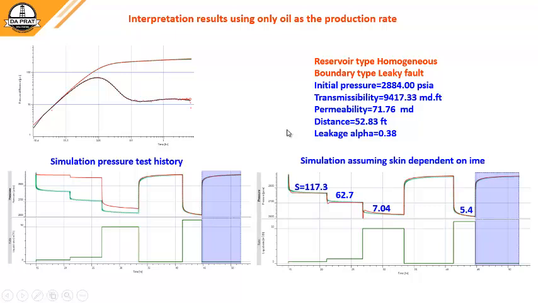But in any case, if you do the analysis considering just one phase, you can see here that even though permeability is in the order of 70 millidarcy, the distance to the leaky fault is not the same, and the leakage value is not the same either. And on top of that, we have to use skin dependent on time to simulate the data, which basically is a trick.